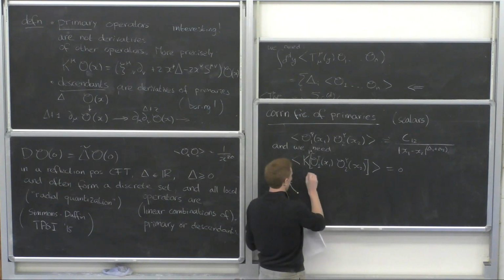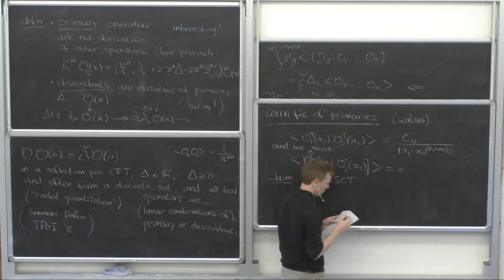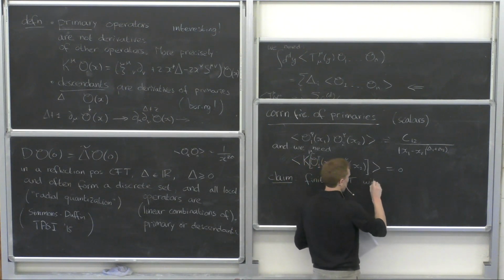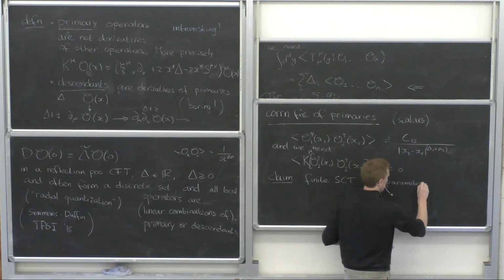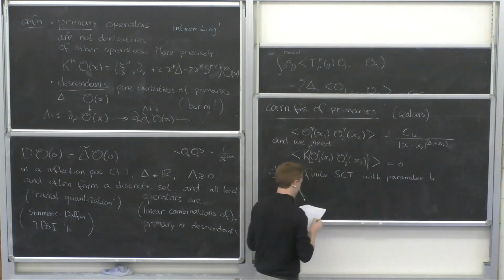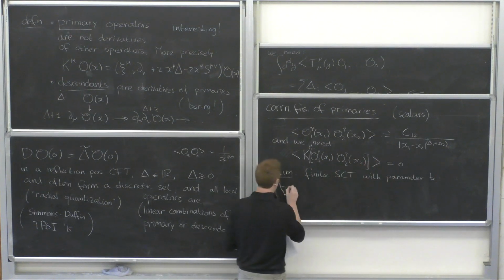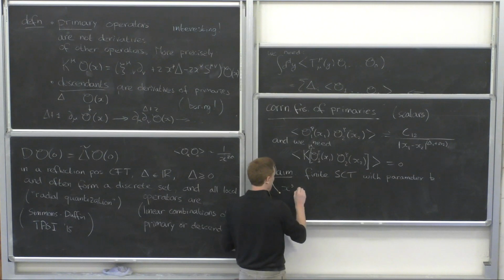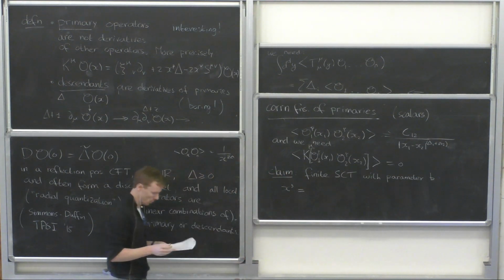A finite special conformal transformation with parameter b is just x prime equals some function of x. That's a finite conformal transformation.